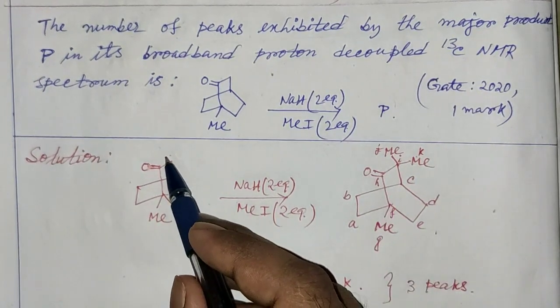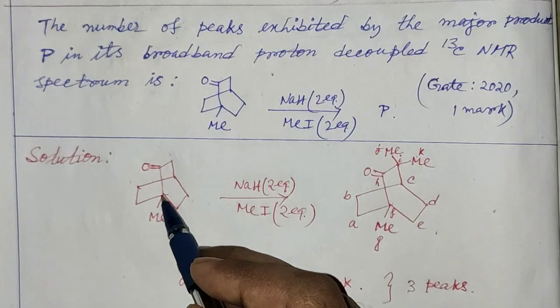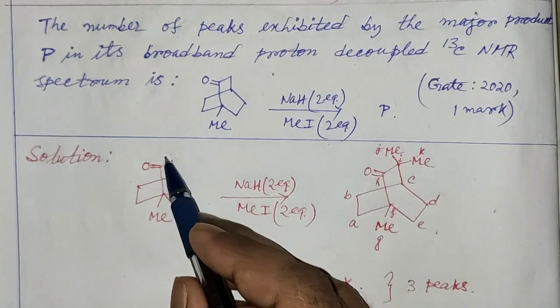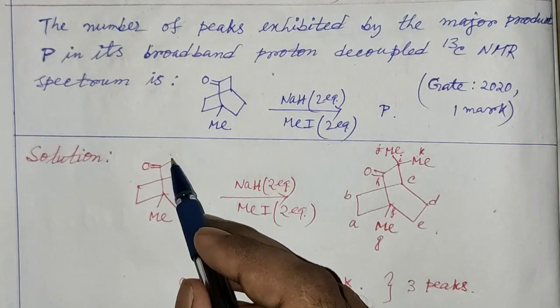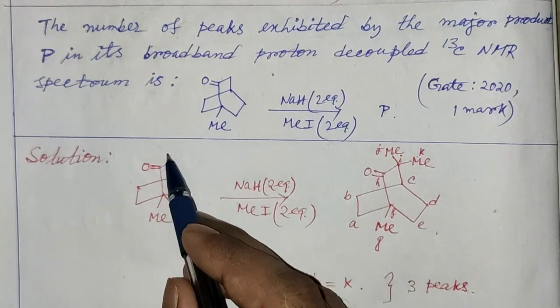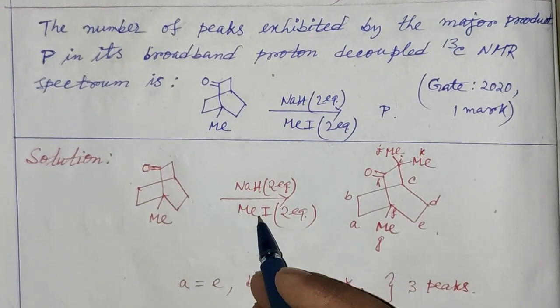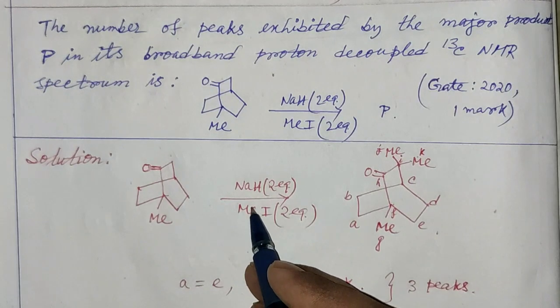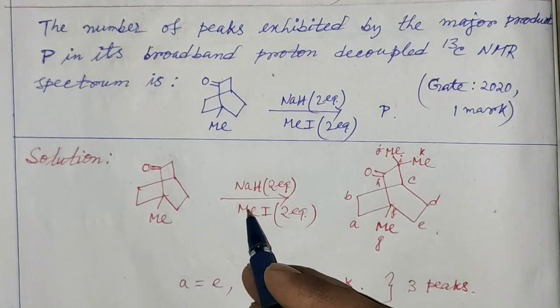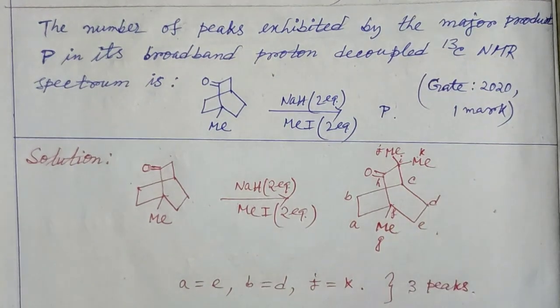Since there are two alpha hydrogens that are acidic, the two equivalents of base will abstract these two hydrogen atoms, and that will attack in an SN2 fashion to give this product.